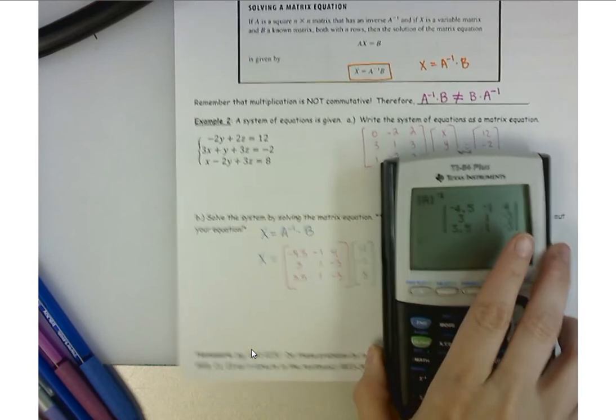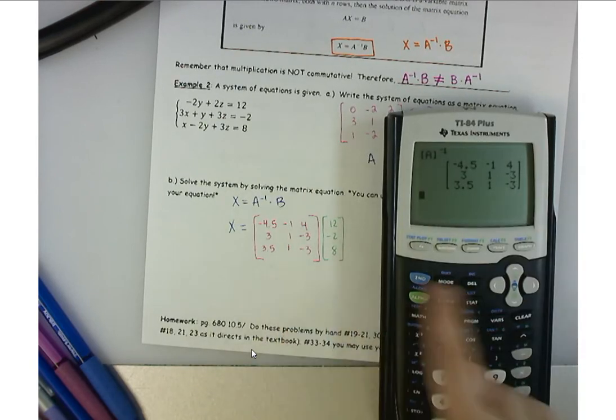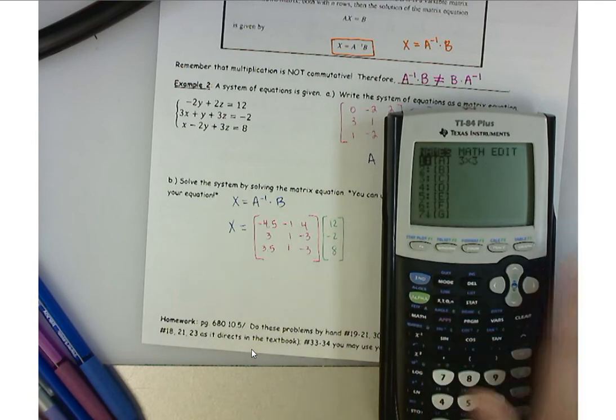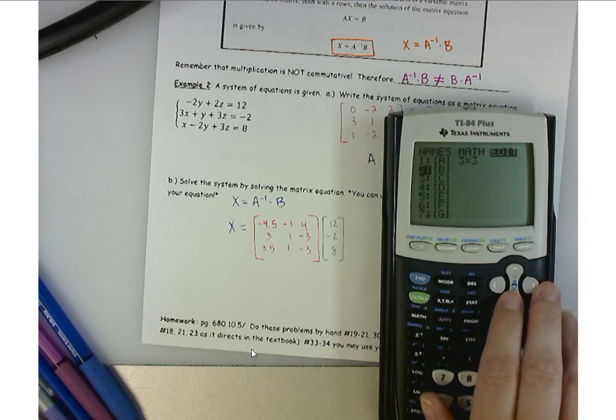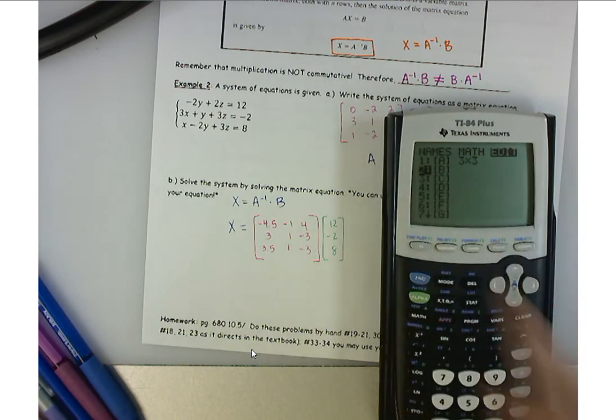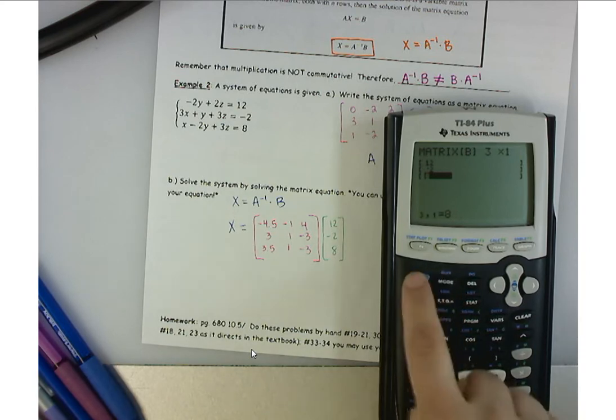Okay, so now I have to define matrix B. So I'm going to go back into my matrix again. I'm going to arrow over to edit. And then I'm going to go down to B. And B is a 3 by 1 matrix. And I have 12, negative 2, 8. So again, I'm going to have to quit out of that.